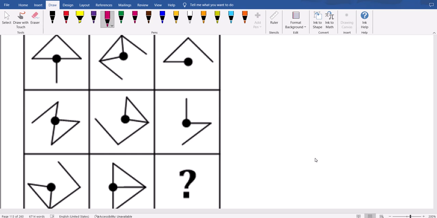Actually there is some redrawing mistake, but let me draw the correct one. So first one, dot and one line, but second one is, guys, listen.